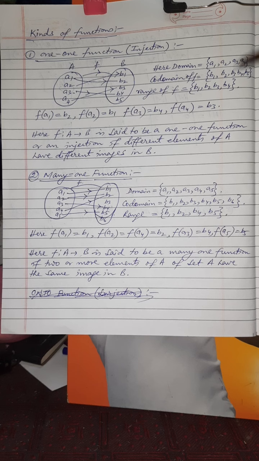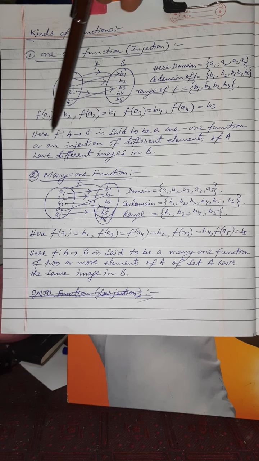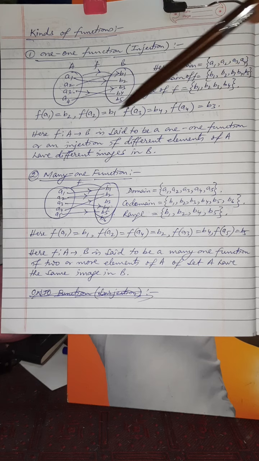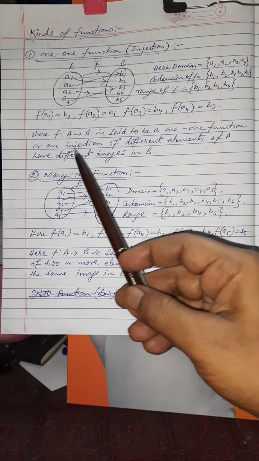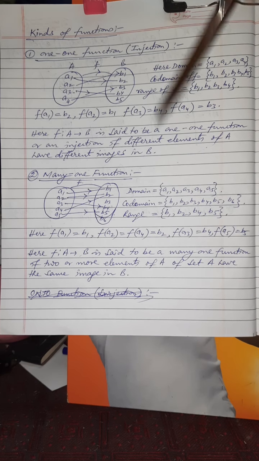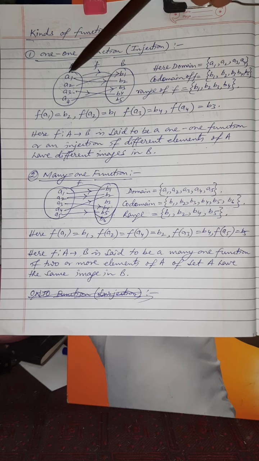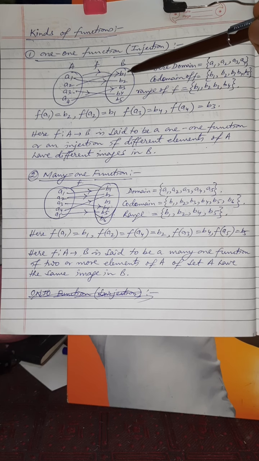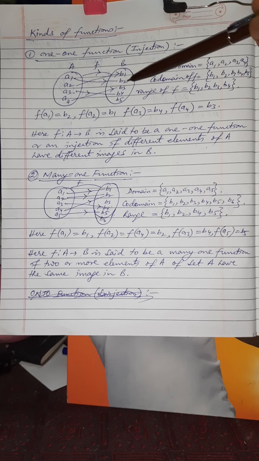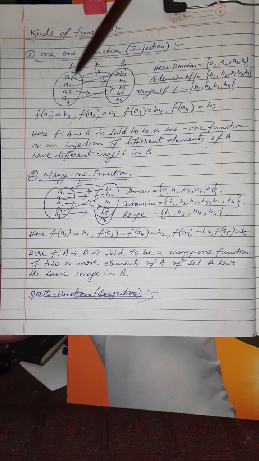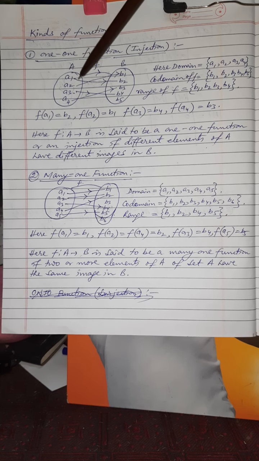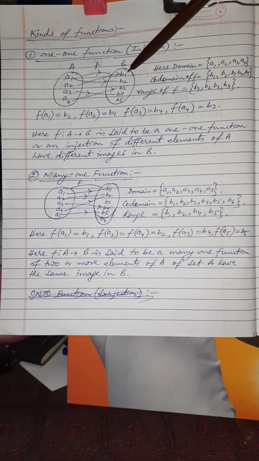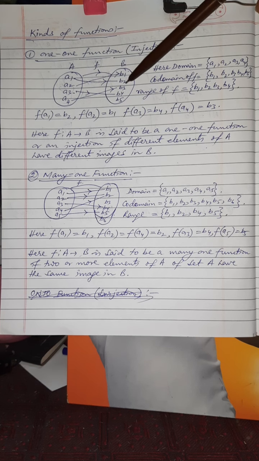If you obtain this kind of function, the definition I have written over here is: f maps A into B is said to be a one-one function or an injection if different elements of capital A have different images in capital B. This means no two arrows originating from capital A converge on one particular element of capital B. A single arrow comes out from each element of capital A. Here a1 gives you b2, a2 is connected with b1, a3 is connected to b4 and a4 is connected to b3.